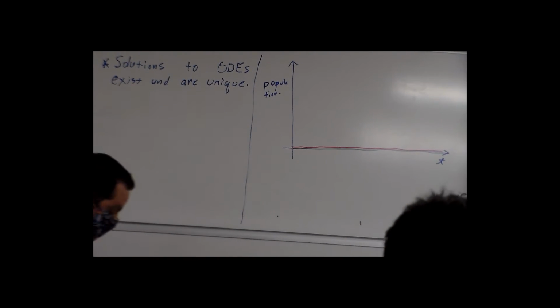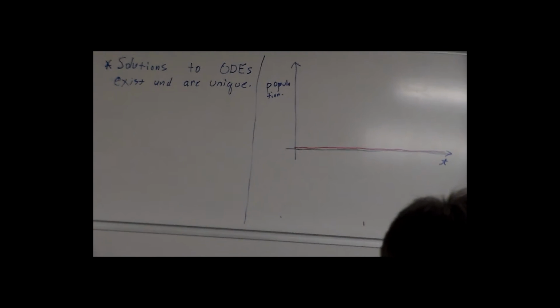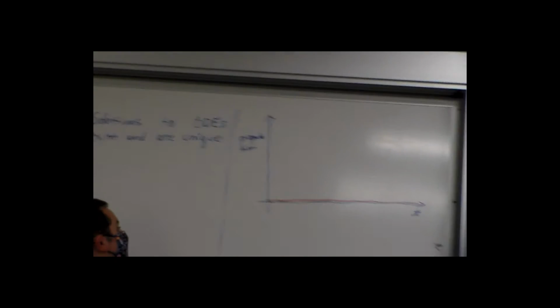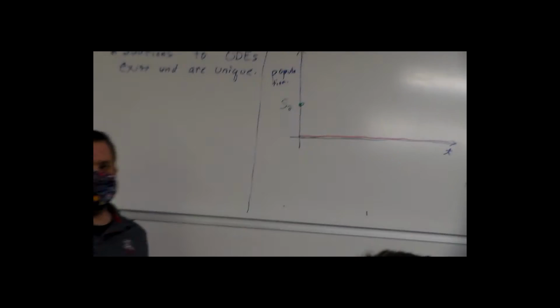Okay? All right. So now, if I go back to my initial conditions, if I say S naught and I naught are greater than 0, so that means, say, at time 0, I start here at some S naught.